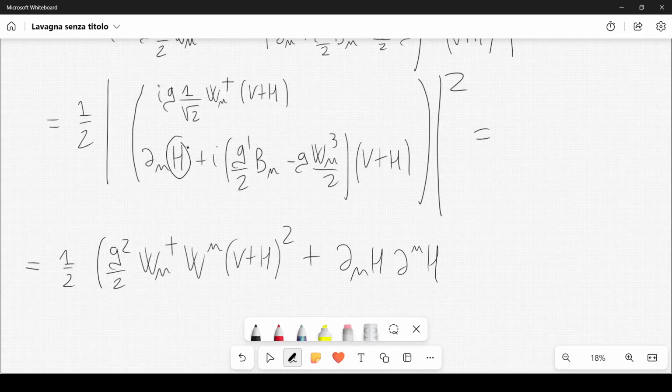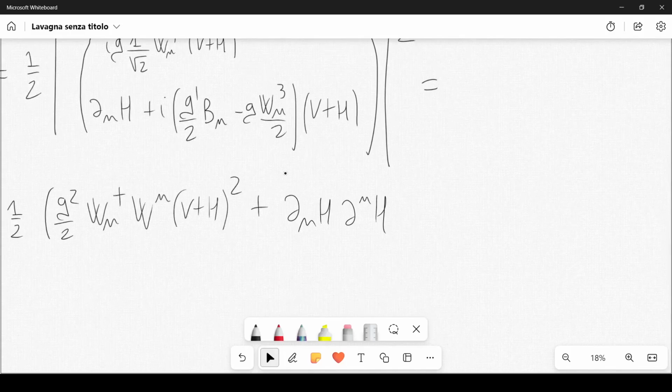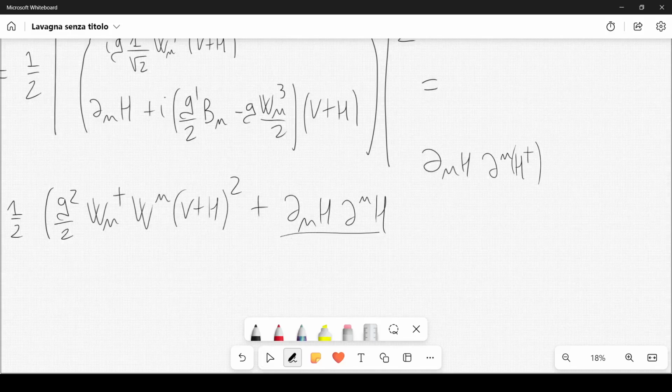Remember that h is a real scalar, so h is real. Therefore, in general, I should have considered d mu h times d mu h dagger, and of course this is equal to d mu h dagger. But now, if h is real, we have d mu h. So the important thing to stress is that h is real, so we can write it like this.